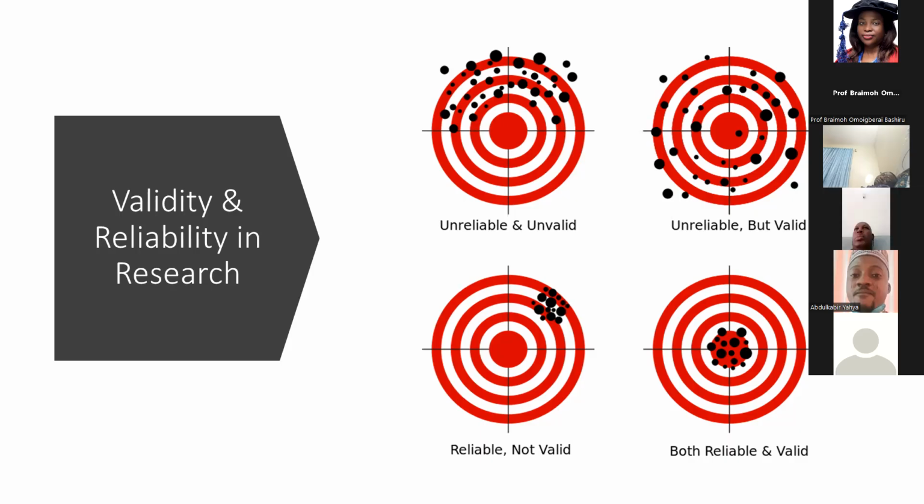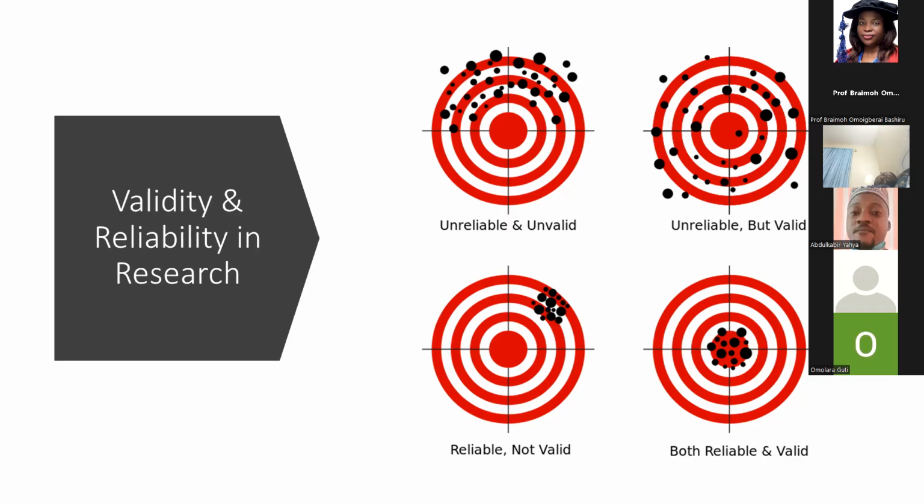If you studied a sample versus the study being done in the population and done properly, would your results look like the results for the population study? How valid are your results? How close are your findings to the true situation of things? Reliability talks about if I repeat it, if I do your study a couple of times using your methods, am I able to get similar findings or similar results?